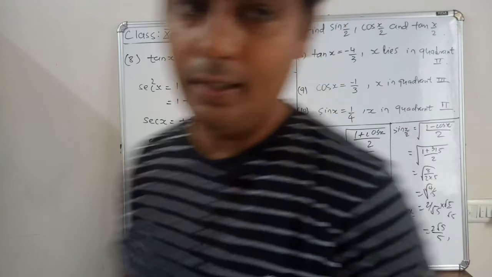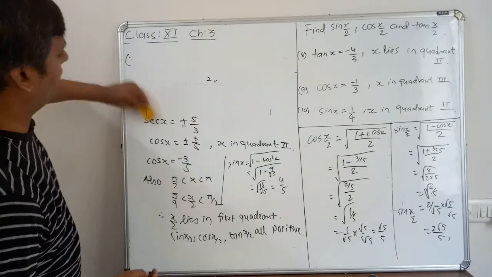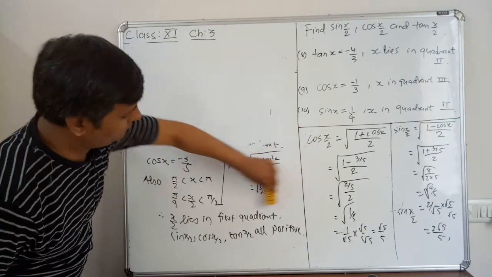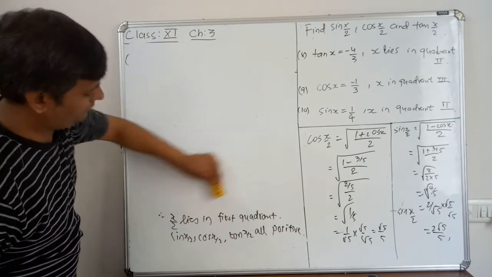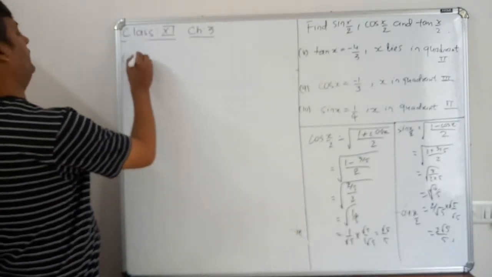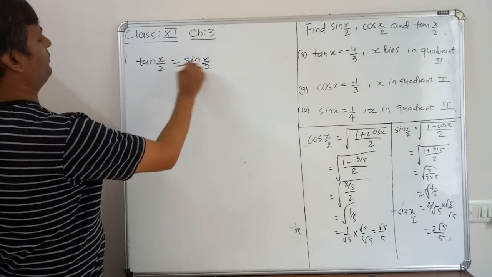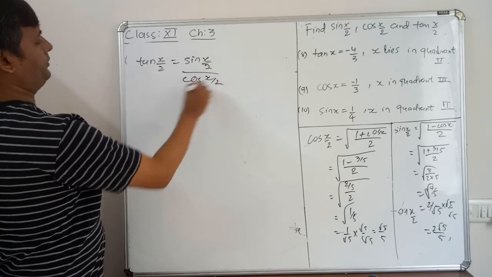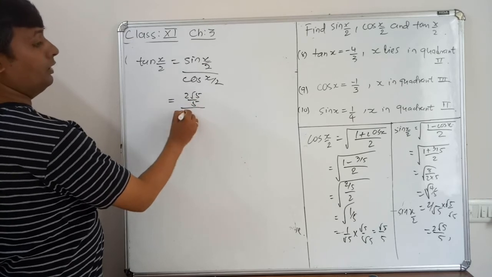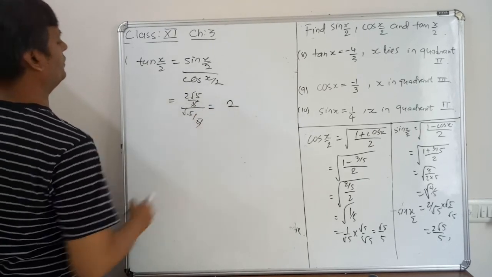But sin and cos have come, so tan will be found, right. So what will tan be, children? Here tan x/2 is equal to sin x/2 upon cos x/2. You have the values, both are positive. 2 under root 5/5 upon cos x is equal to root 5/5. 5 cancels, root 5 cancels, you got 2.